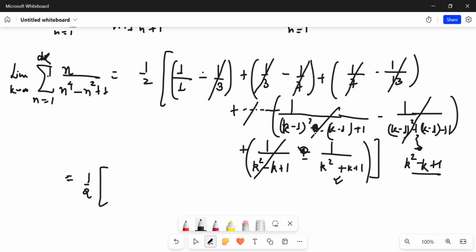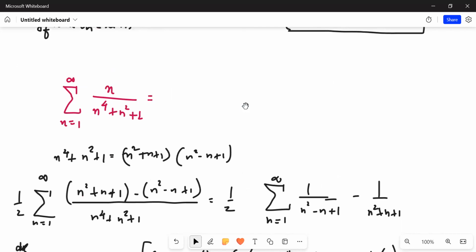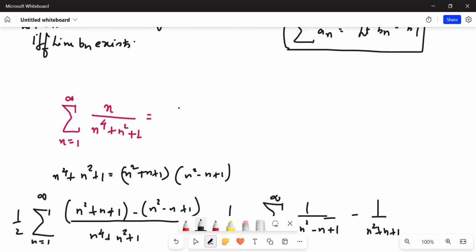So basically, now you are left with only 2 terms, that is 1 minus 1 upon k square plus k plus 1. And you should also understand there is a limit running over k tending to infinity. So the answer should be half. So the answer of this very complicated looking series would be simply half.